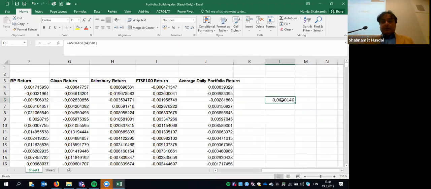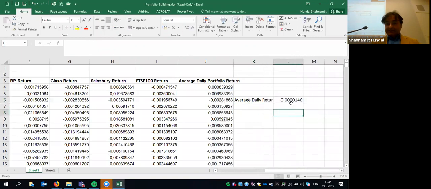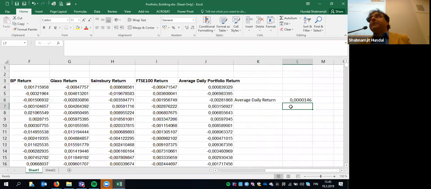Yeah, so this is what the investor on an average is earning, but don't forget that this is the average daily return. What an investor may be interested in will be to annualize it.